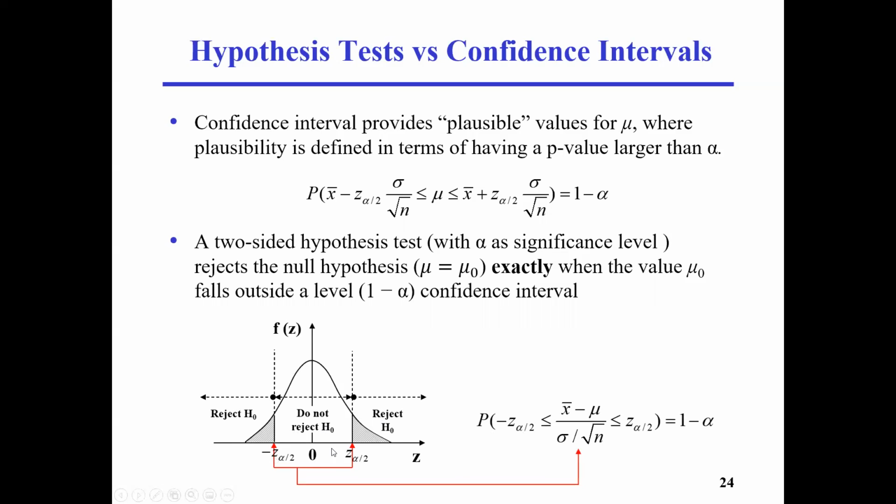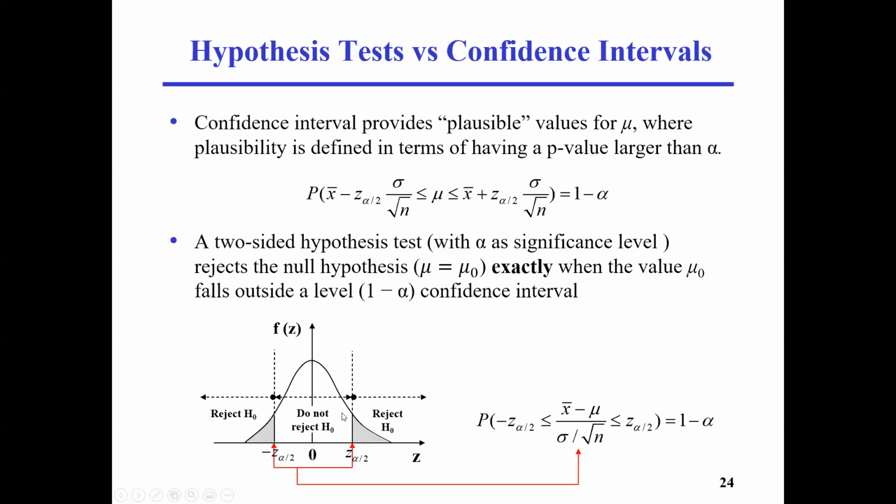If the null hypothesis is true, then your actual mu value, mu0, should be within this range from negative z half alpha to positive z half alpha. So the ratio between this numerator and denominator, this specific value, should be within this interval from negative z half alpha to positive z half alpha.